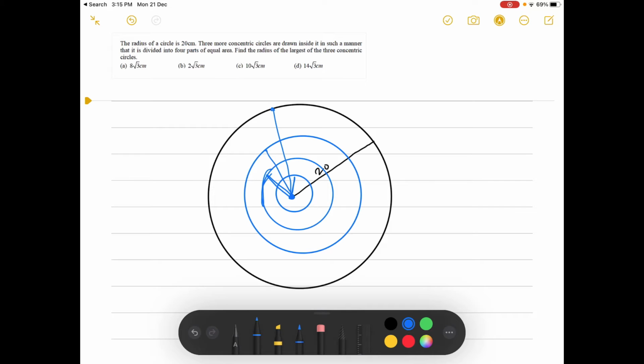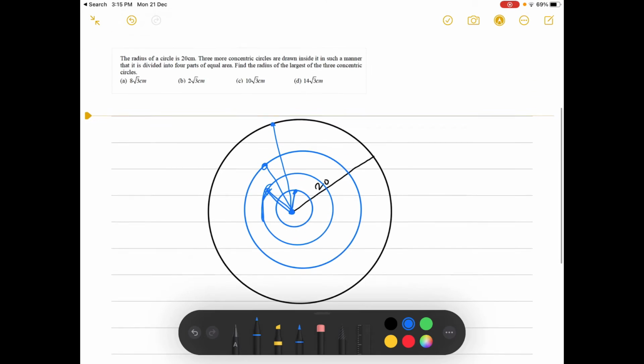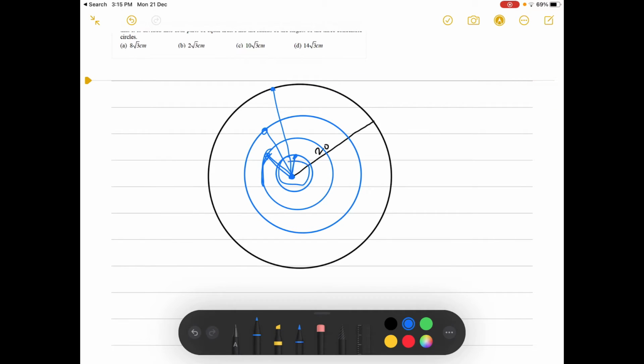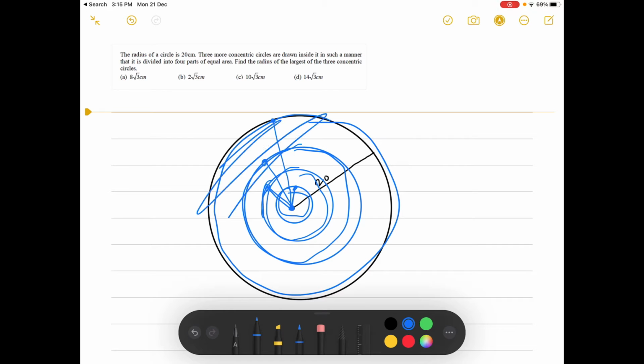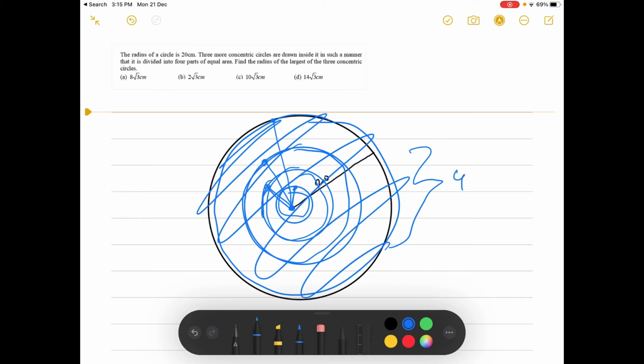So all of these are the radii of different circles. Now they have said that by drawing these three more concentric circles inside this large main one, we have divided the area of the larger one into four equal parts.